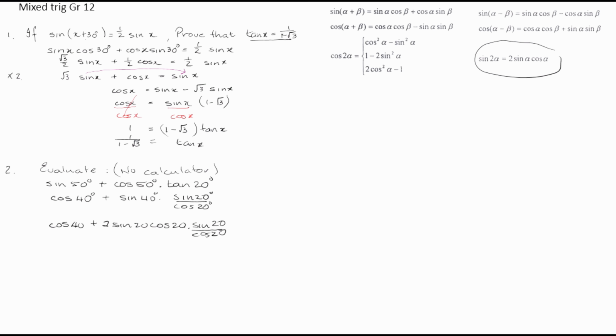Right, and then these cancel, cos of 20 with cos of 20, and we are left with cos of 40 and 2 sine squared 20.